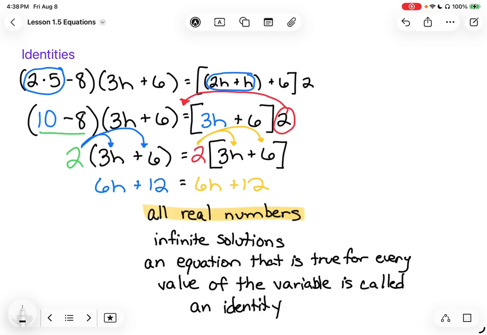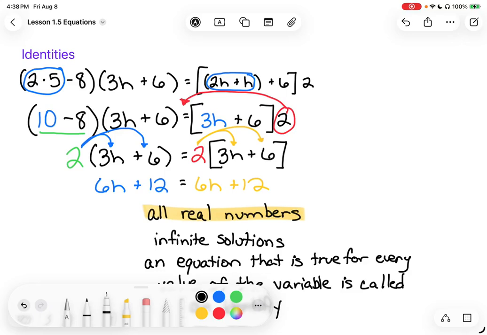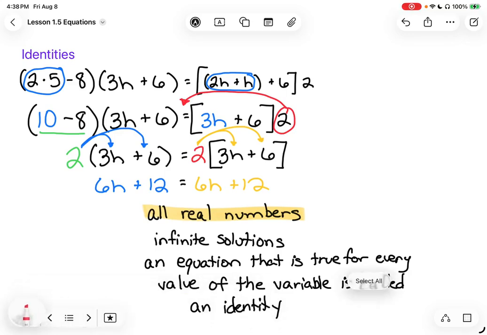An identity is the name of an equation that is true for every value of a variable, an identity. And so that's what we have here. We have an identity because since both sides of the equation are exactly the same, no matter what value we plug into h, both sides of this equation are going to be equal.